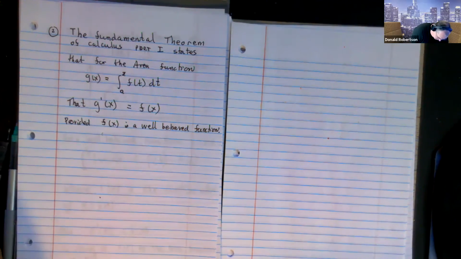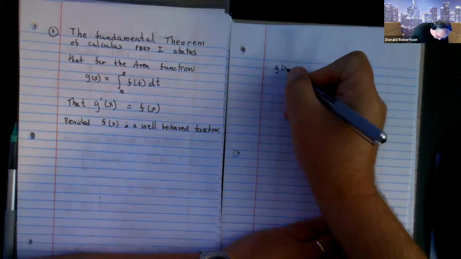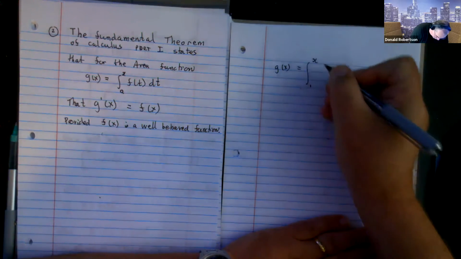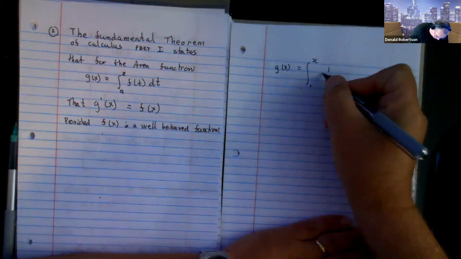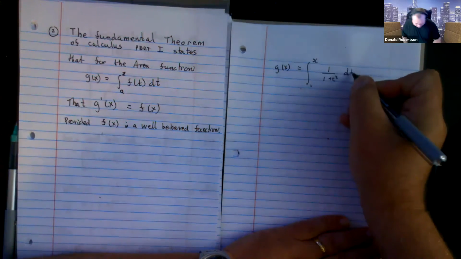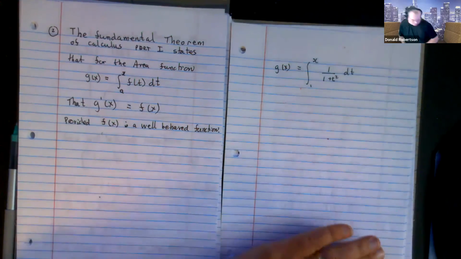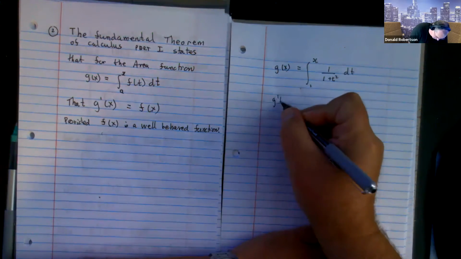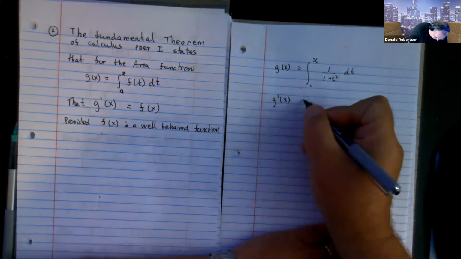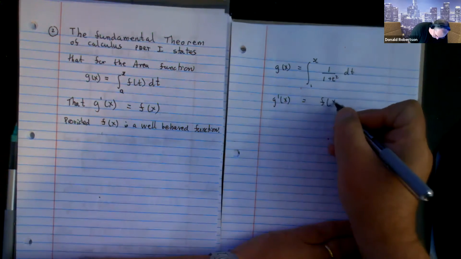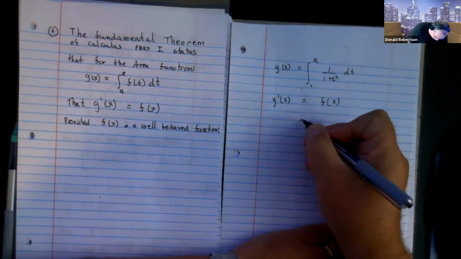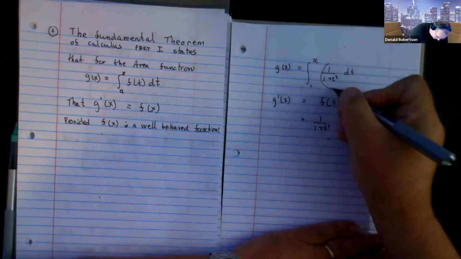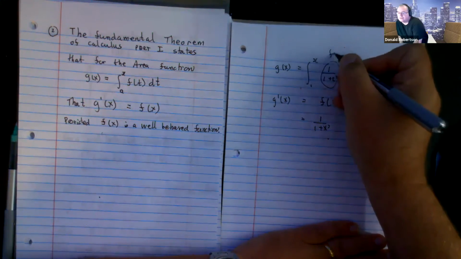If I tell you that g of x is the integral from 1 to x of 1 over 1 plus t squared dt, so if I tell you this is my area function, the fundamental theorem of calculus says g dashed of x is the same thing as f of x, which in this case is 1 over 1 plus x squared. So that's basically f of t, isn't it? Only the t's are x's.